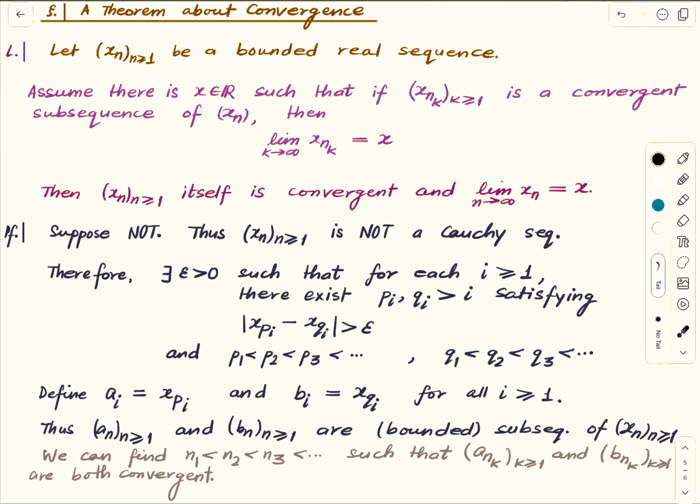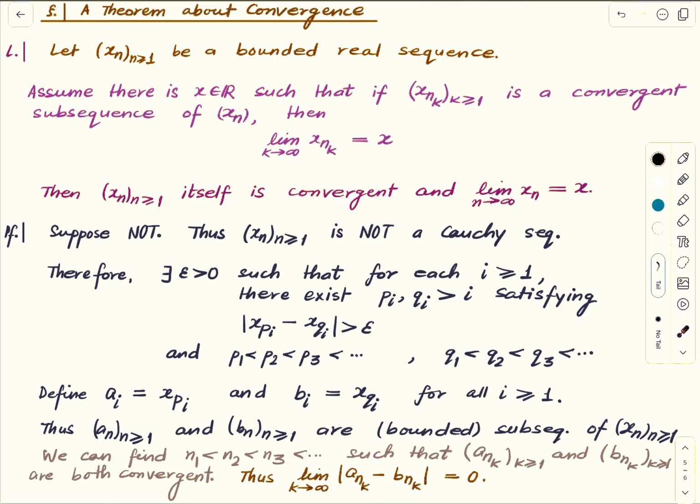Okay? And therefore, this limit is 0. This is where we use lemma 1. So this is a convergent sequence, this is a convergent sequence, both have the same limit. So the limit of the absolute value of their difference is the absolute value of the difference of their limits, but since they have the same limit, this thing is 0.